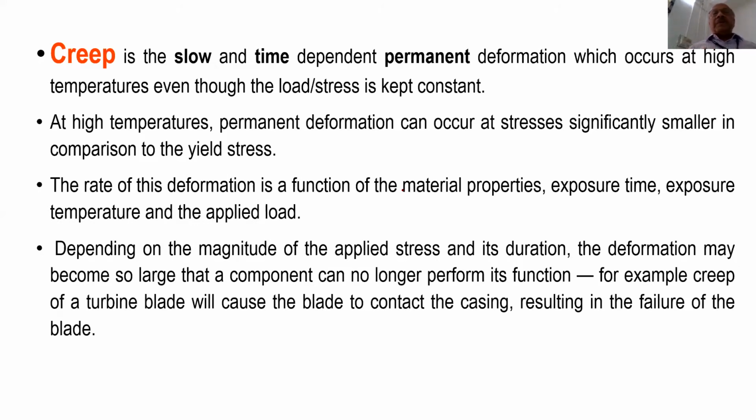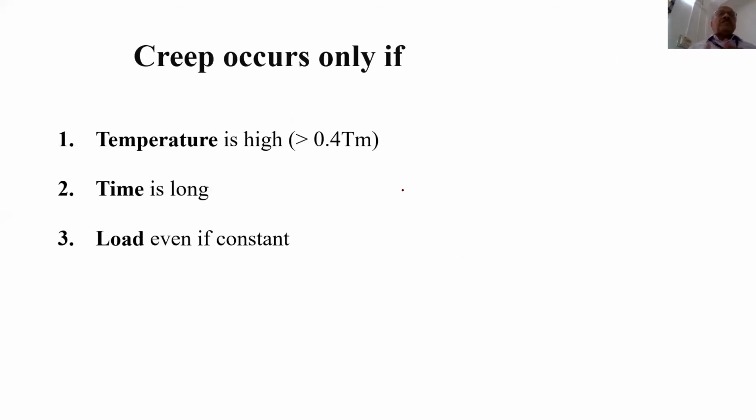So depending upon the magnitude of the stress and the time duration, which normally runs into years and years, the deformation can become so large that the material will undergo failure. So the variables that govern creep are temperature, which has to be greater than 0.4 times the absolute melting point of the material, the time, which has to be very long, and the load, which can be constant.